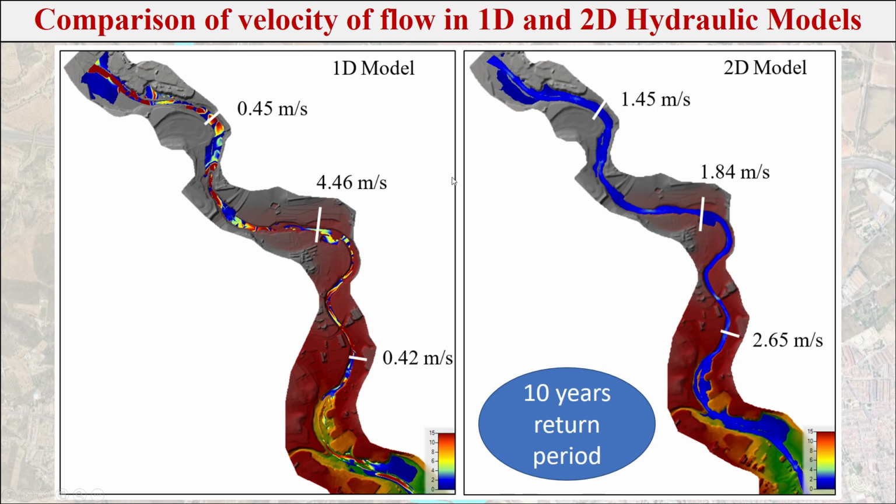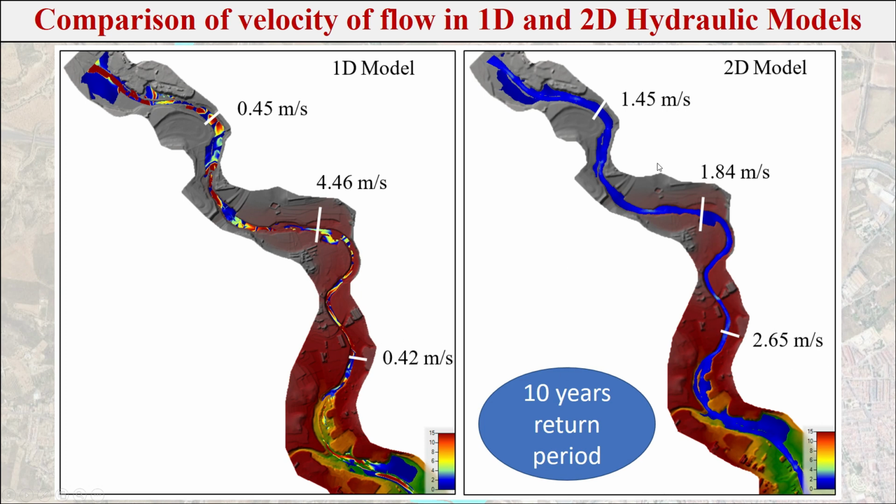This is greater. Also in the 1D model here 4.46, but in the 2D model only 1.84. Here the velocity of the flow is higher. Also here the velocity of flow is again less than in the 2D model.